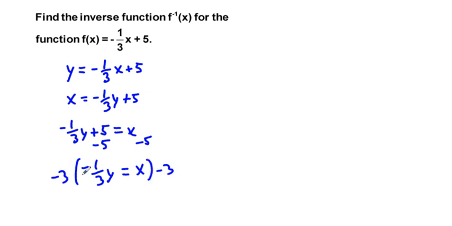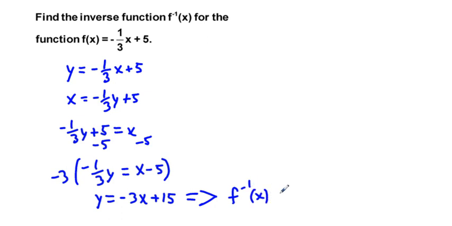Now we're going to have y is equal to negative 3x, and then negative 3 times negative 5 is plus 15. And then the last thing we're going to do is change this to f negative 1 of x. We say f negative 1 of x is equal to negative 3x plus 15.